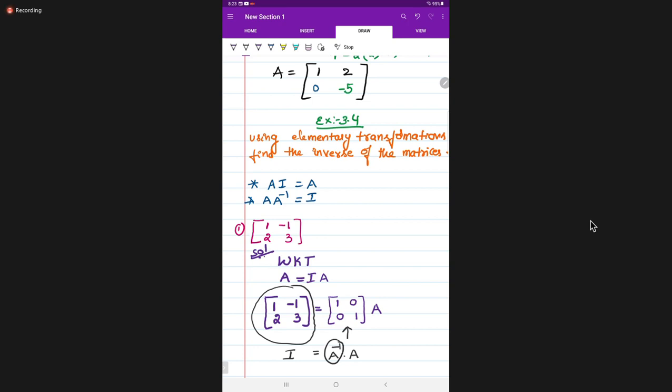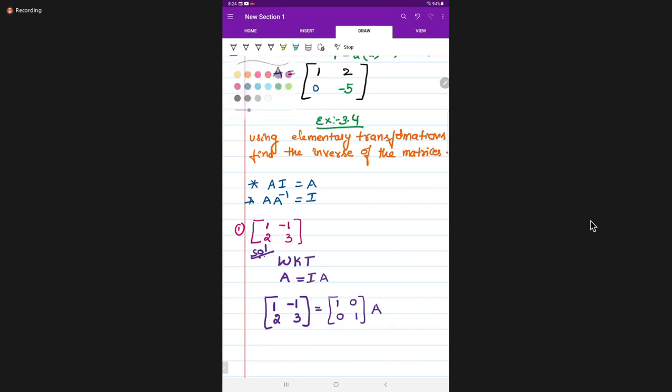Students, here the given matrix capital A is converted into identity matrix by using elementary operation. Then only you can get identity matrix capital I. That same operation applied on the RH side also, then we can get A inverse. So first, listen carefully, all of you.